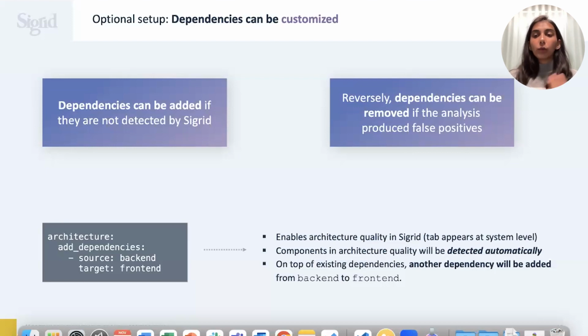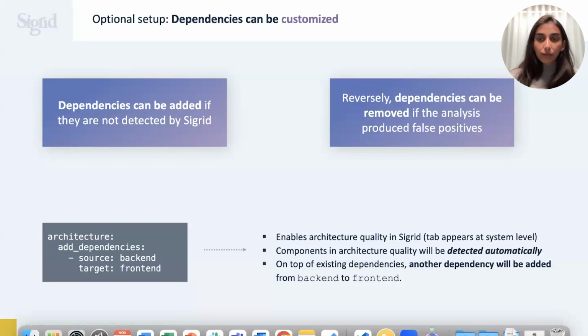The first thing is, since Sigrid does a SAST analysis, and SAST scans can have their own cons, one of the cons is sometimes there are some false positives, or on the other side, it could be that there are some dependencies that are not detected by Sigrid. So in both of these scenarios, if there is a dependency that is detected but is a false positive, or in the other case, something that Sigrid could not pick up by itself, in both these cases, what you can do is you can add or remove dependencies.